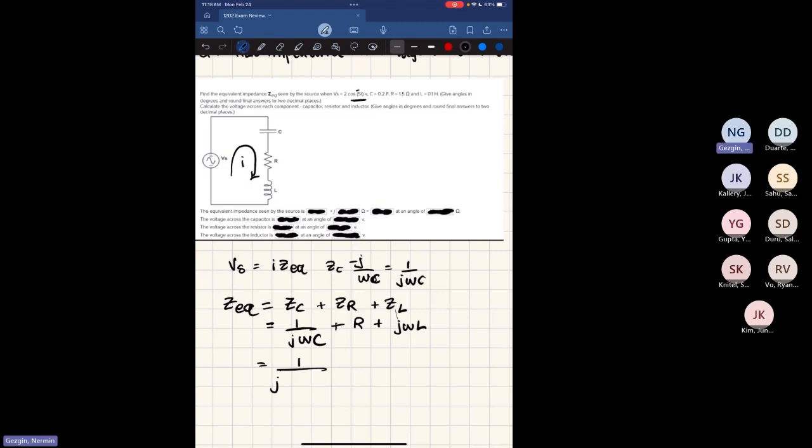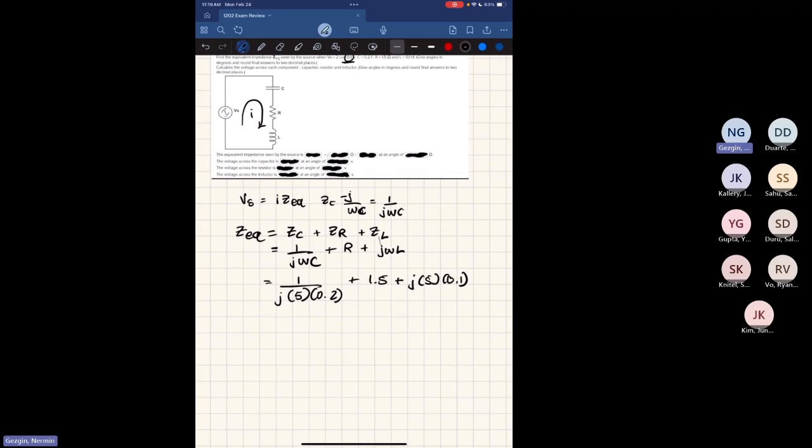And we notice the 5 here. The 5 is the value of w. For C, they have given it to us, that's 0.2. For R, we have 1.5 ohms. And here, the inductance is 0.1.